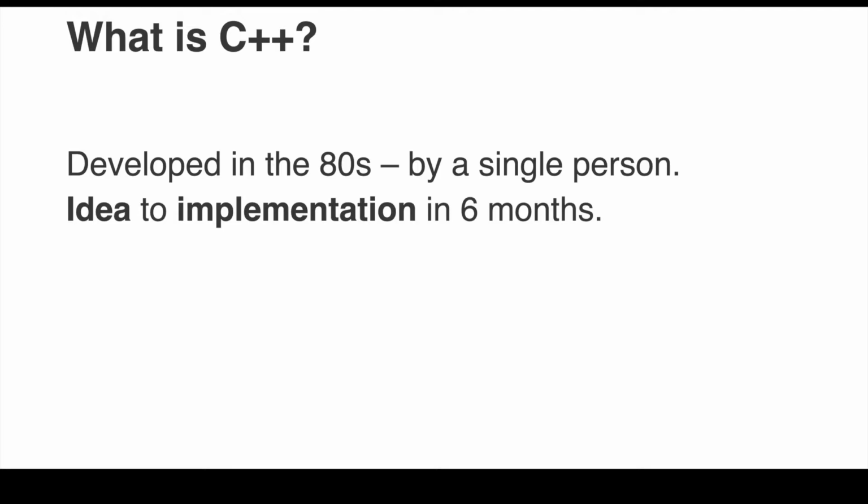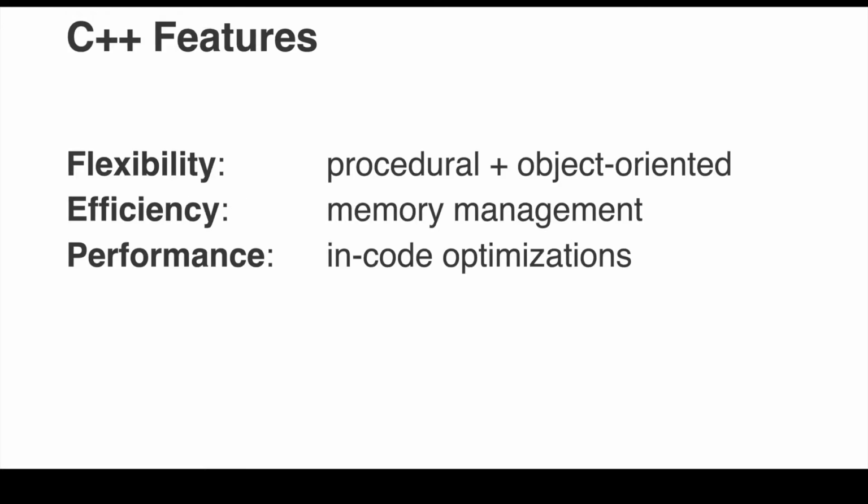In order to get that to happen, he had to introduce several things into programming languages which before then really hadn't existed. These are the three key features that distinguish C++. One is flexibility. So it allows the programmer to code using the procedural programming paradigm, the paradigm that everyone had been used to up until that time.